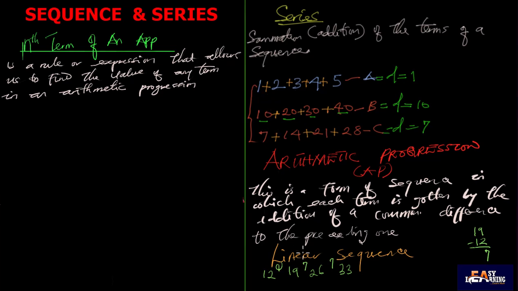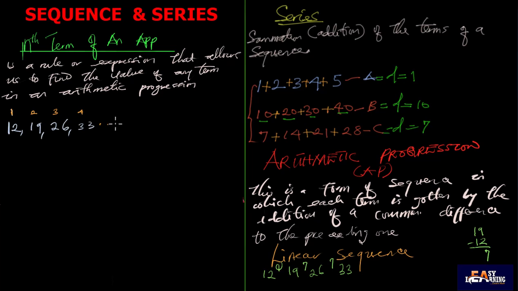Remember, we had our example of arithmetic progression. I want to use this last example that we wrote out: 12, after 12 we had 19, after 19 we had 26, after 26 we had 33. Okay, so this is a sequence. These are the position of the first term, the second term, the third term, and the fourth term.